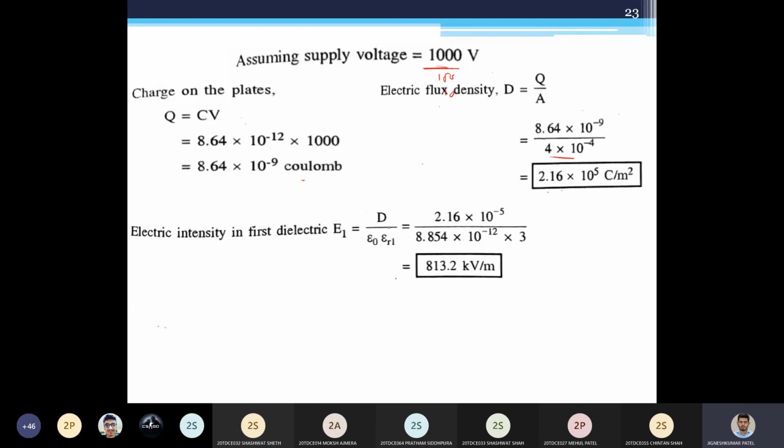You have to calculate all three, but here I have only shown you the first one, the electric intensity for dielectric media 1. It is E1 is equal to D upon epsilon 0 epsilon R1. In the same way you can calculate for the other two materials. E2 is equal to D upon epsilon 0 epsilon R2; the flux density would be the same, epsilon 0 would be the same, only epsilon R changes. For the third it would be epsilon R3. I'll get the result in kilovolt per meter.